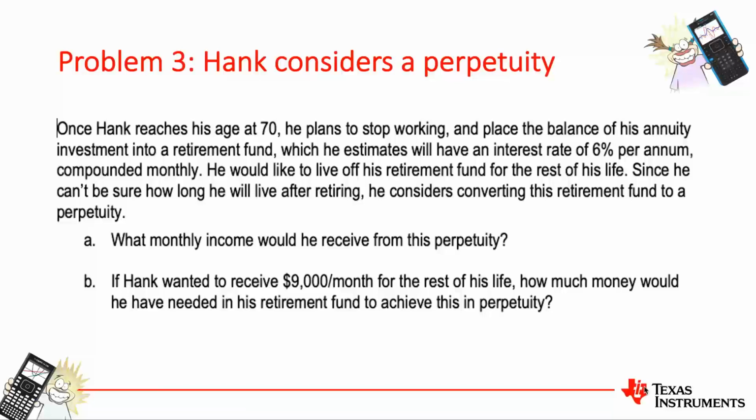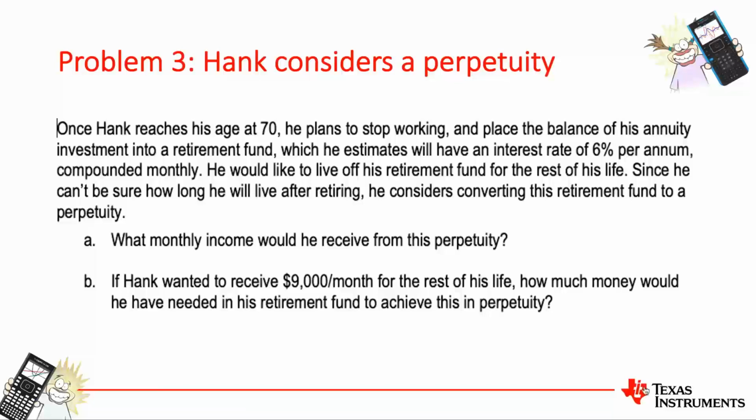And it must be such that the payment can continue indefinitely. Okay, so we'll see what happens when he tries that. And after that, we'll consider if he really wants to have $9,000 a month for the rest of his life, how much would he have had to have, and has he got enough in his retirement fund to achieve that?